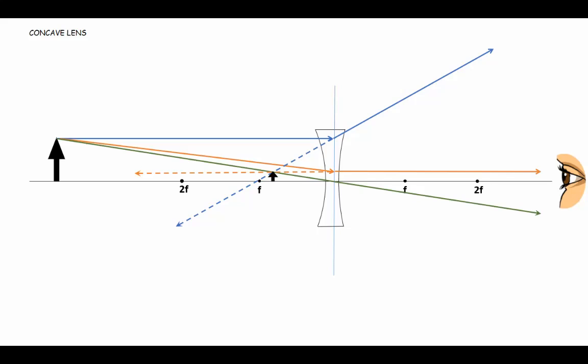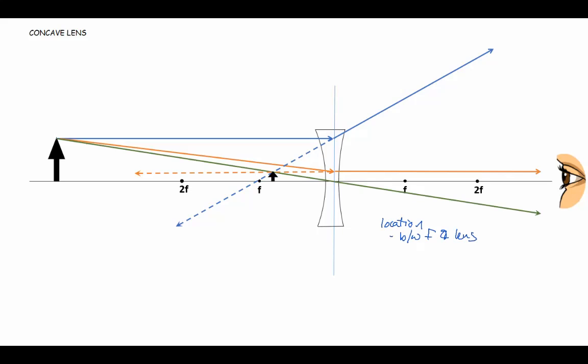Now, just like last time, I want to finish by including location, size, orientation, and type. Let's see, maybe this time I will put them in the bottom right here. So let's start out with location. The location of the image, you'll notice, is between the focal point on the near side and the lens.